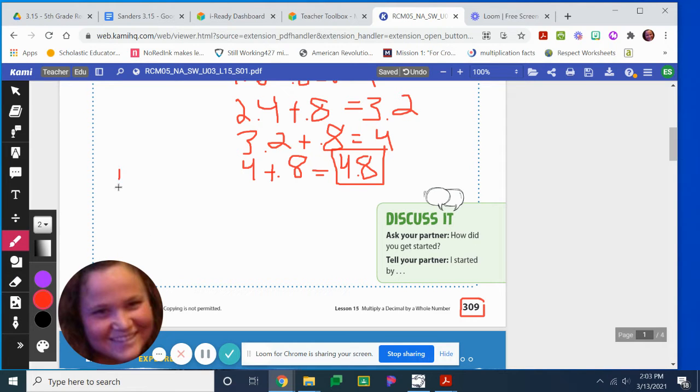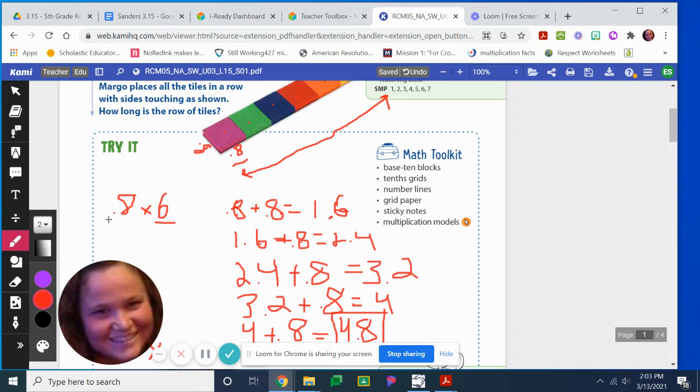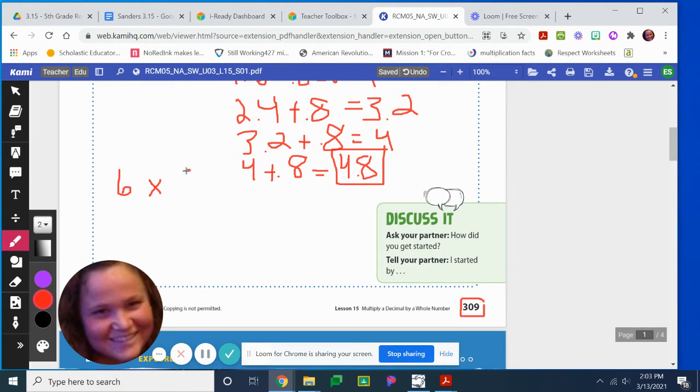All right, so 6 wholes times, now you guys know how this is 8/10, so I'm going to write that as 8 over 10. So 6 times 8 over 10, 6 wholes is really, if I write that in fraction, 6 over 1, and then I multiply straight across.